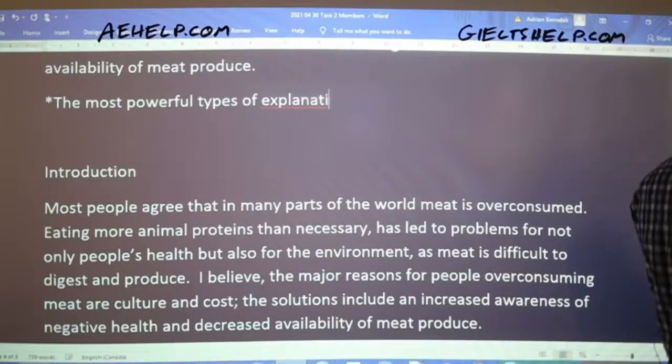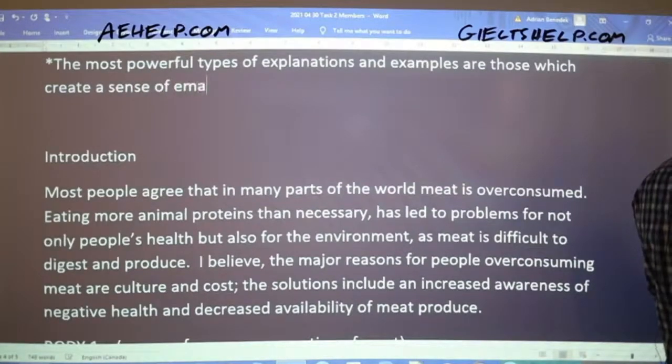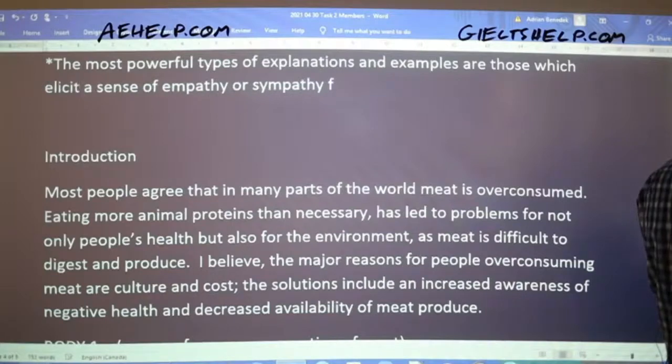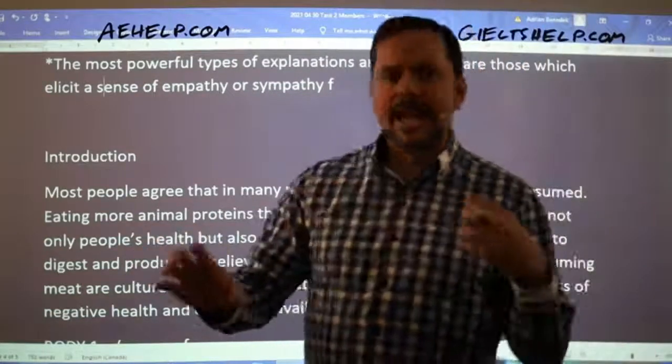So the most powerful type of, and that makes for great writing, of course. Instead of create, I'm going to use the word elicit a sense. Elicit means to draw out or to bring out.